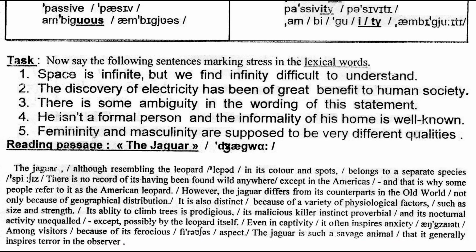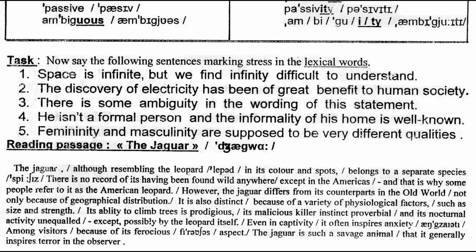However, the jaguar differs from its counterparts in the Old World. Not only because of geographical distribution, it is also distinct because of a variety of physiological factors, such as size and strength. Its ability to climb trees is prodigious.